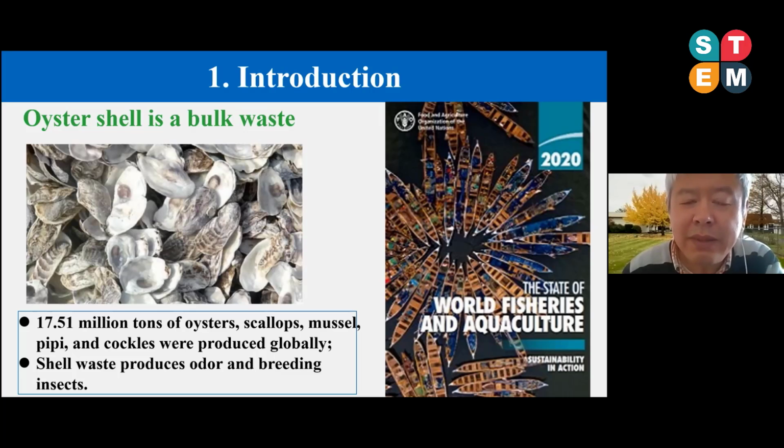Currently, most of the oyster shell is piled on the coastal zone, and of course produces public health concerns, because of its smell, and it also attracts insects. So if we can use this waste material for some useful application, it will be nice.